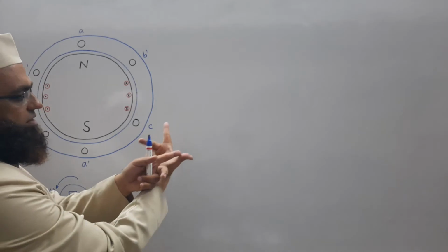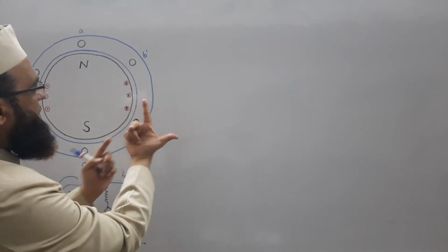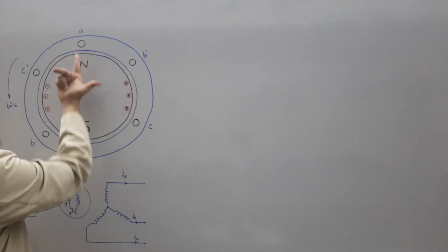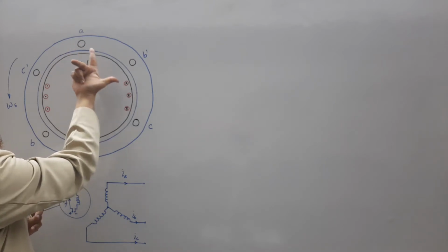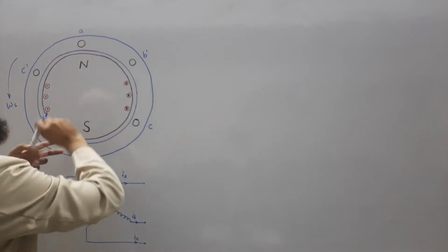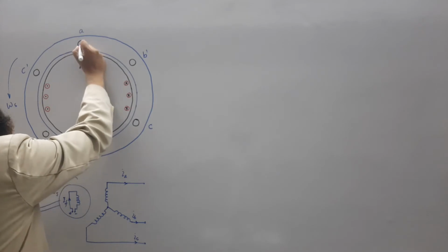So F is like this and B is upward, so the induced current will be out of the plane, that is, a dot will be denoted here. This is the polarity.